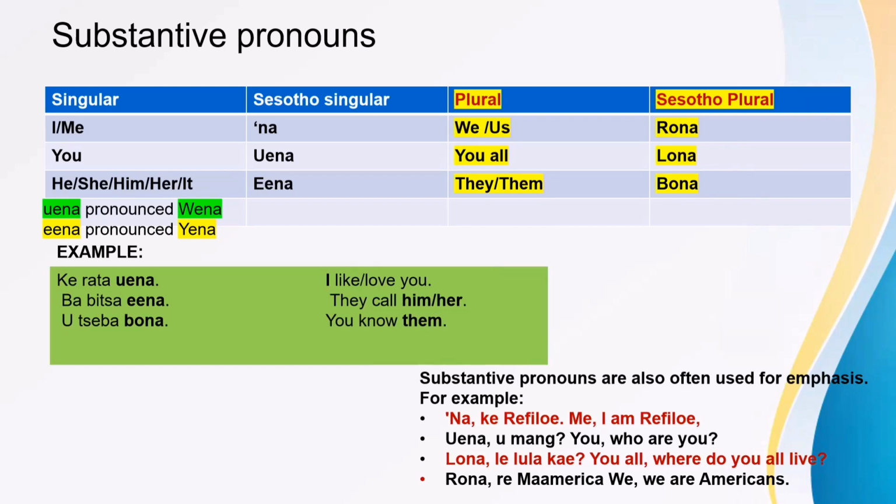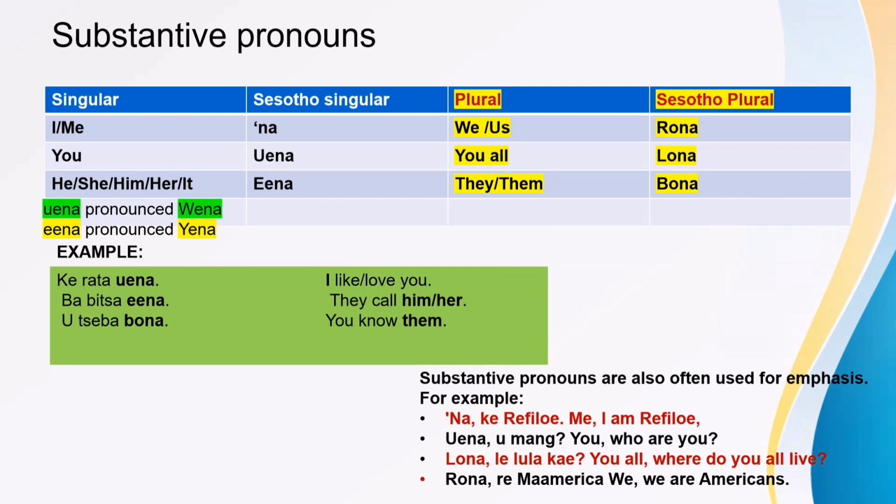So you really need to be careful with how you sound these words. The tone is very important as well. The words wena, which is W-E-N-A, is pronounced with the W, and yena, which is Y-E-N-A, is pronounced with the Y.